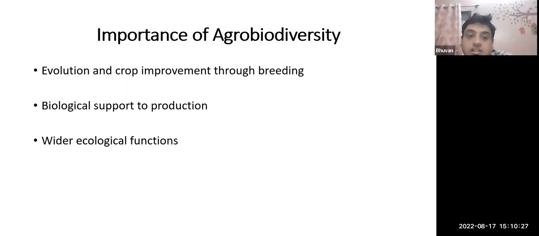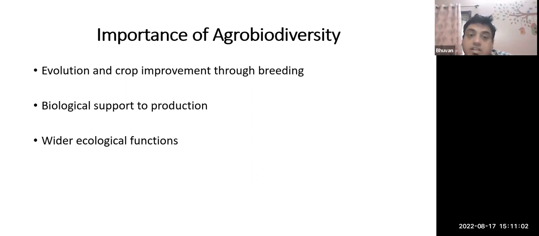Basically, the soil biota and also the diversity of insects play a major role in the production of agriculture crops. We have beneficial insects such as bumblebees and honeybees. Along with that, we have the butterflies, and in the soil biota, we have the earthworms. So these biological support systems play a major role in the production of the crops.